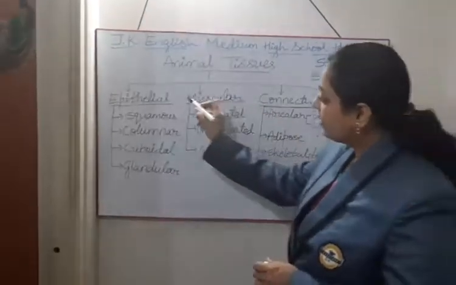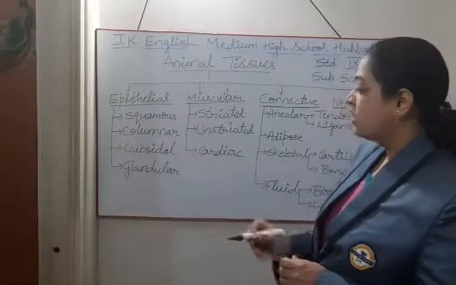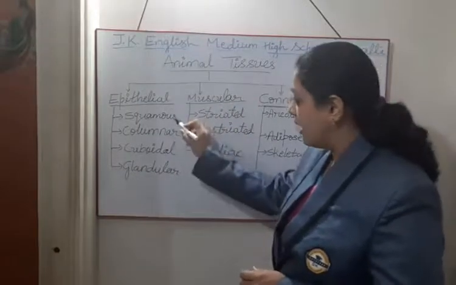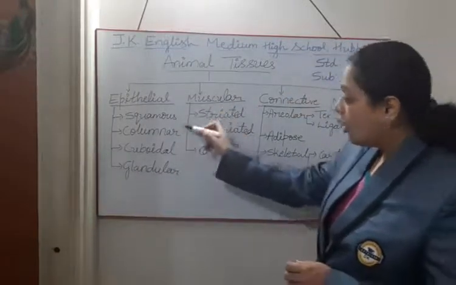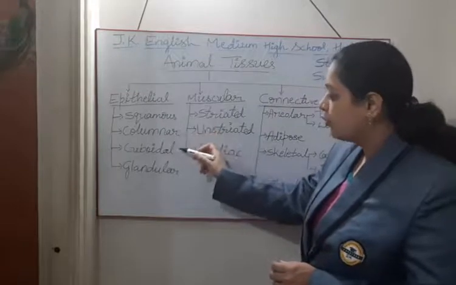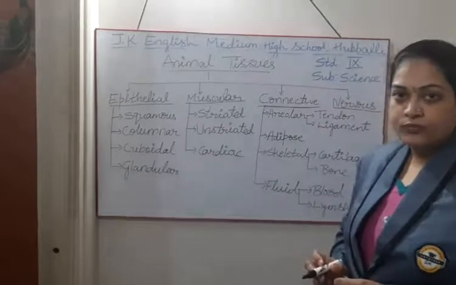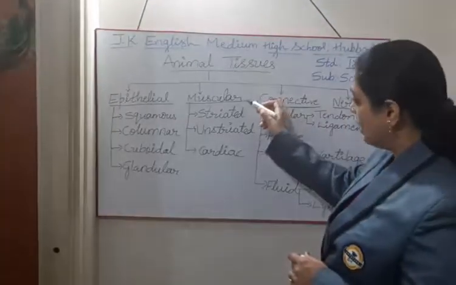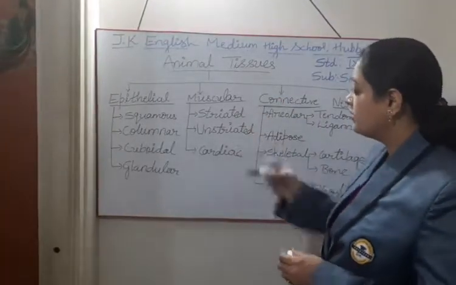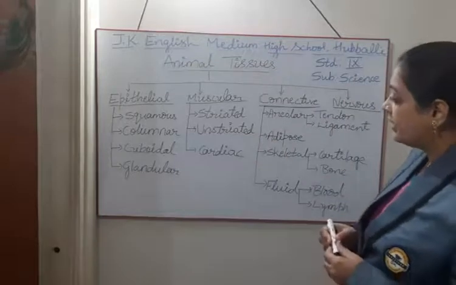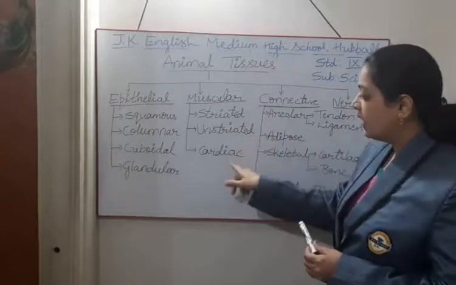The epithelial tissue again has squamous epithelium, columnar, cuboidal, glandular, like these types. The muscular tissue has 3 types called striated, unstriated and cardiac.